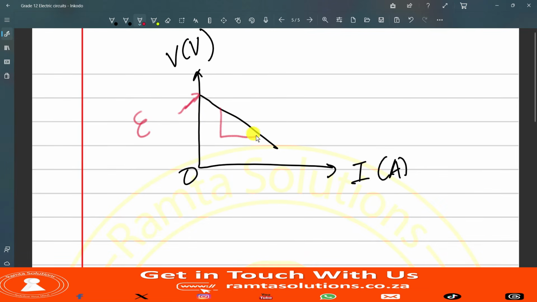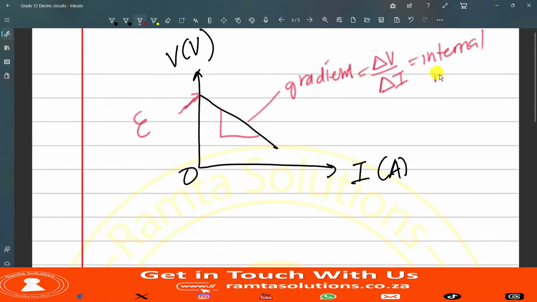And the slope here, which we call the gradient, what is it? It is negative delta V over delta I, right? So this gradient is negative. What is this? It is your internal resistance.